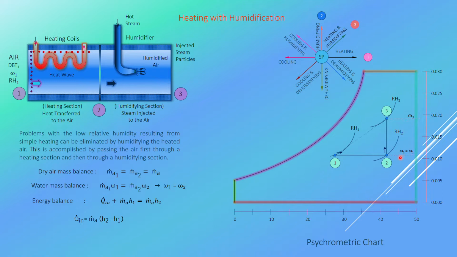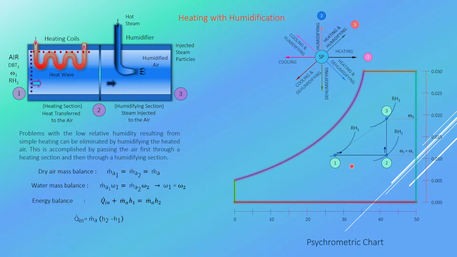So maybe you have 2 to 3, because here it involves heat transfer from the superheated steam to the air. Your point 2 might move along this horizontal line towards point 3 and then vertically up, because that is the humidification part. Then you can draw from the initial point to the last point in order to get the heating and humidification.